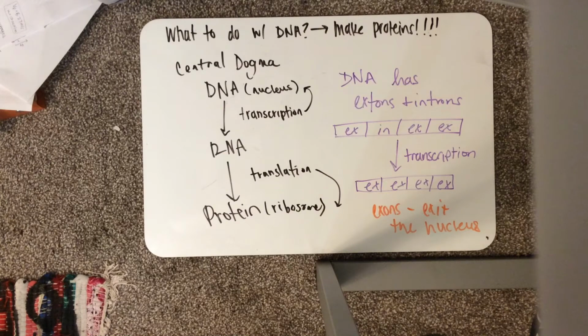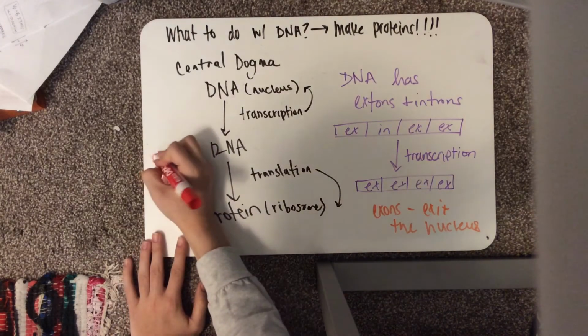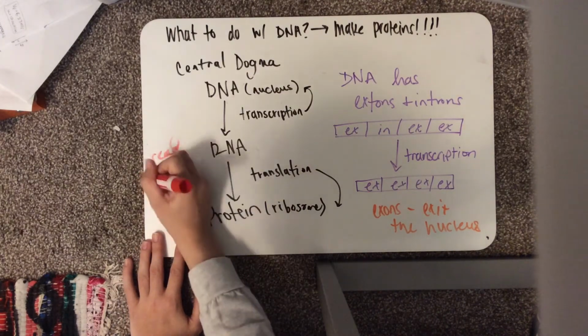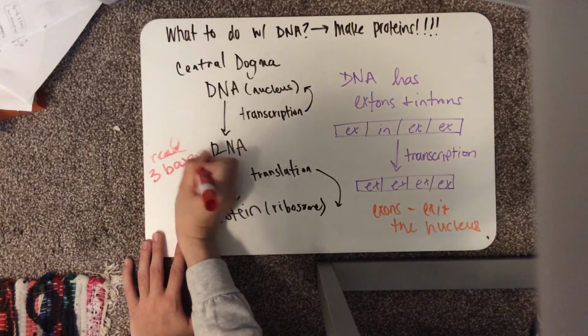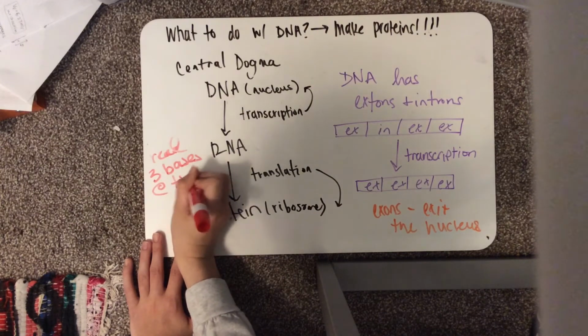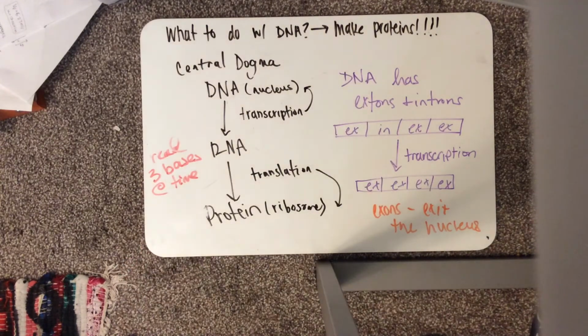Again, DNA can only be built from 5' to 3'. It's the same pattern for going from DNA to RNA. You probably already heard this, but RNA is read 3 bases at a time, and you call that a codon.